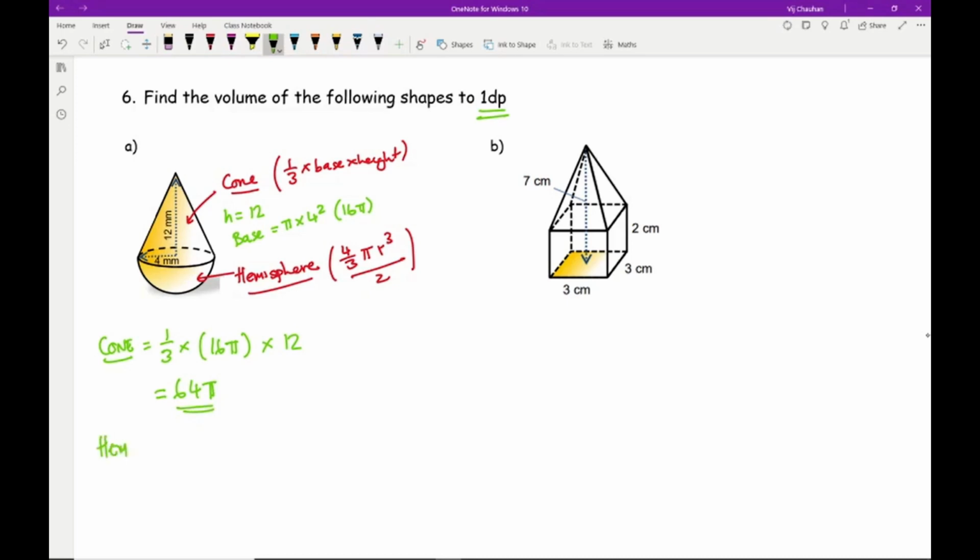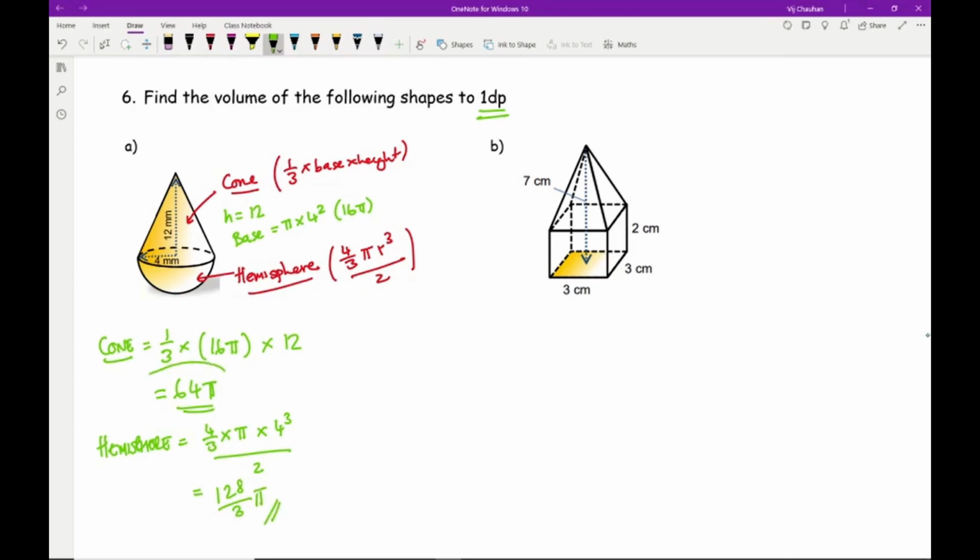Then for the hemisphere, it's going to be 4/3 times pi times 4 cubed, all divided by 2. And again, if I type that into my calculator, I've got 4/3 times pi times 64, which is 4 cubed, I get 256/3 pi, divide that by 2, and I get an answer of 128/3 pi.